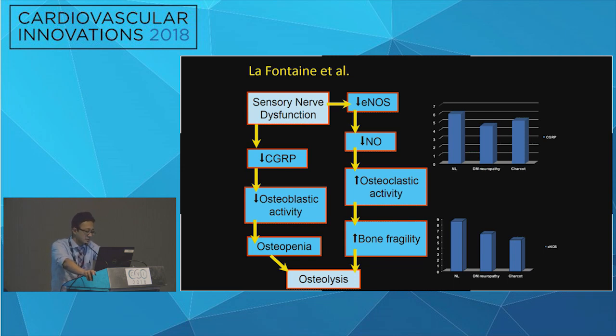It's kind of similar to the wound healing findings. The eNOS decrease actually means an increase in osteoclastic activity, and with CGRP the osteoblastic activity is decreased, and of course the imbalance in those two factors will result in osteolysis or Charcot arthropathy.